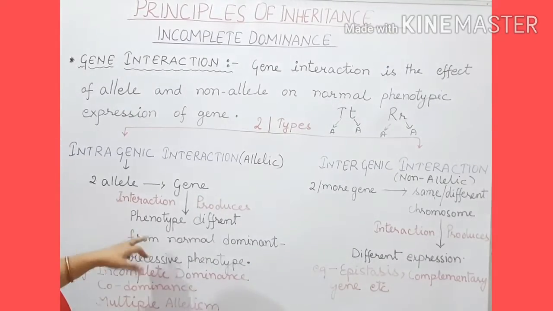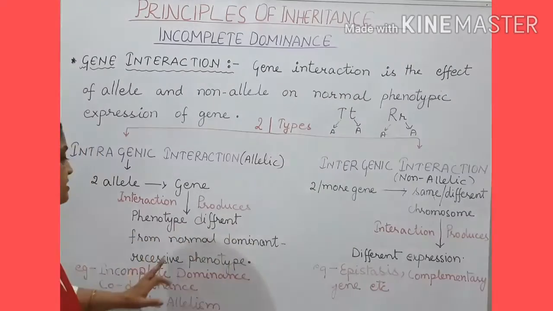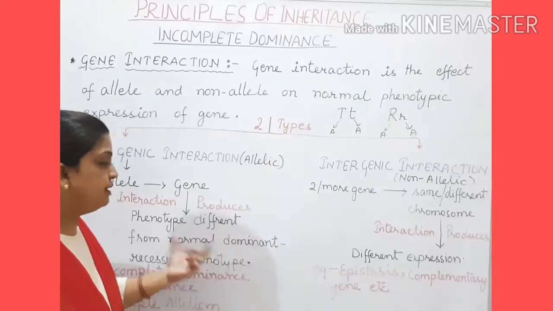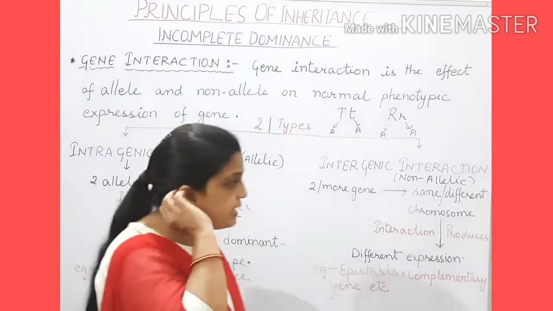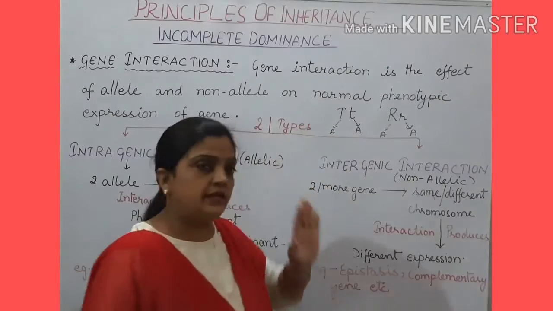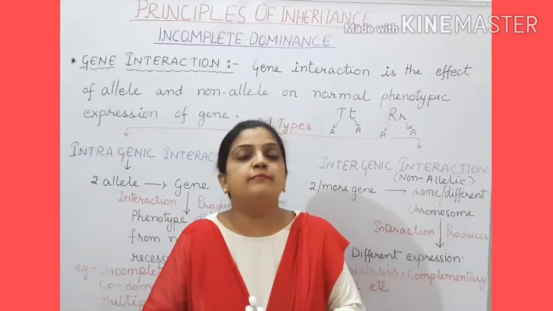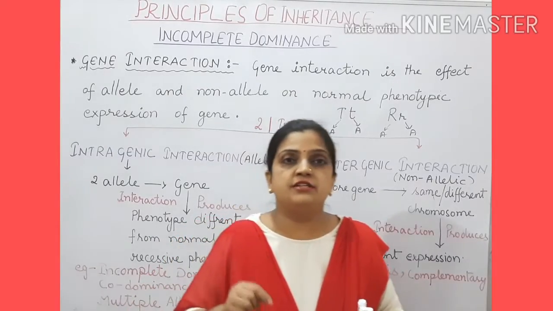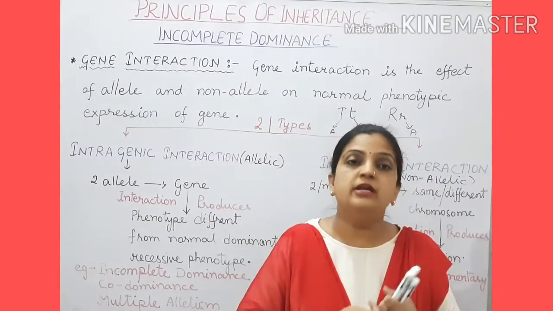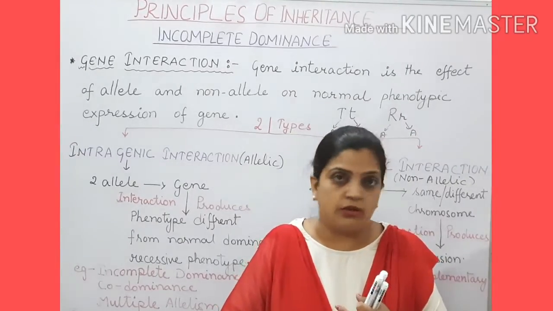So they will produce a phenotype different from the normal dominant recessive phenotype. Now what do you mean by this? If I come back to Mendel's experiment, in Mendel's law you have studied that Mendel performed the first cross, where he took dominant tall and recessive dwarf.